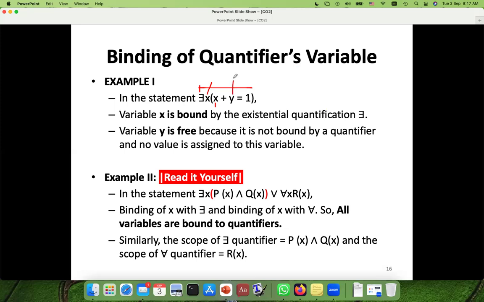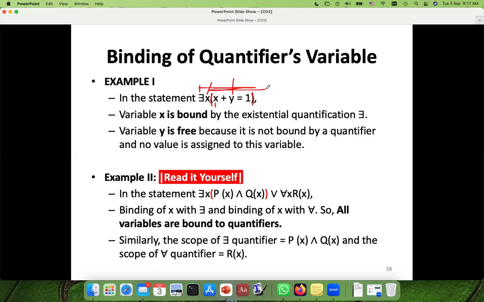And for this y, there is no quantifier. The parenthesis starts from here and ends here. So this quantifier has this whole part as its scope. What is the scope of this quantifier? This whole part within the parenthesis.